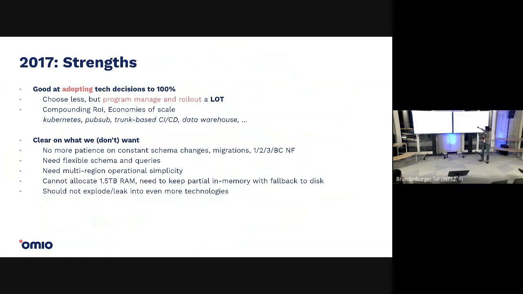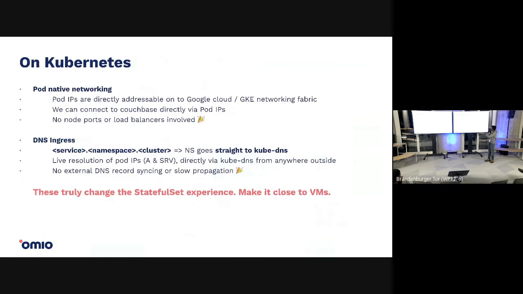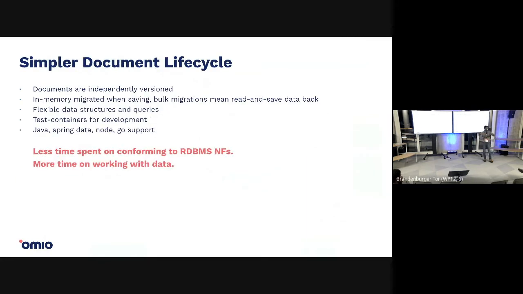This was an example to say that whenever we choose technologies, we adopt them 100%. But we don't use Couchbase as a warehouse. We use it only for the live application database. The data warehouse is not getting data directly from the database.